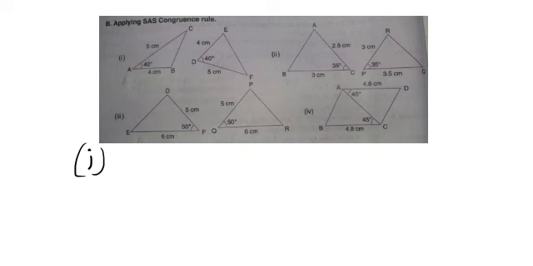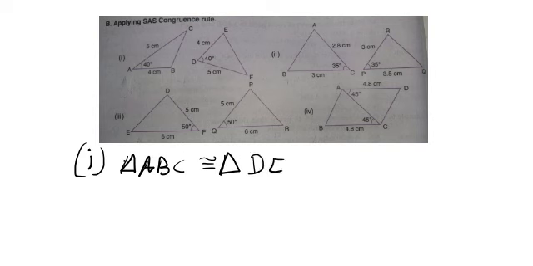So basically we can write it like this: triangle ABC is congruent to triangle DEF.